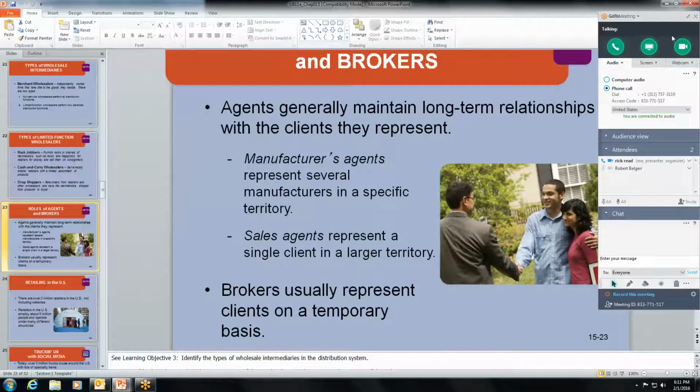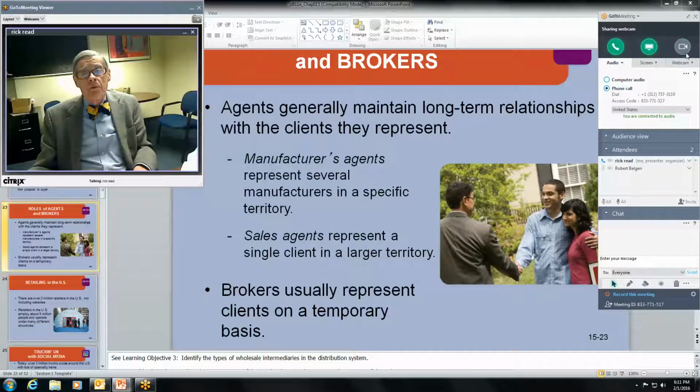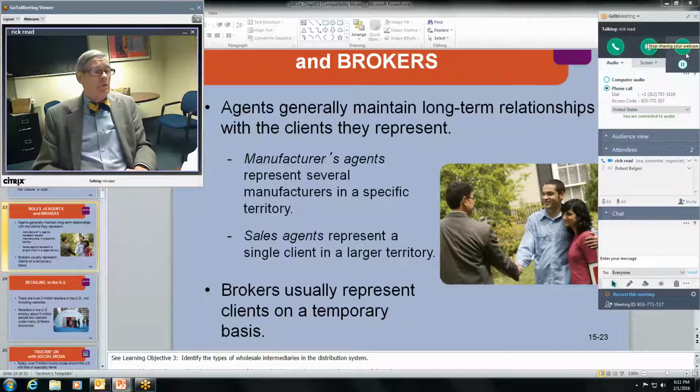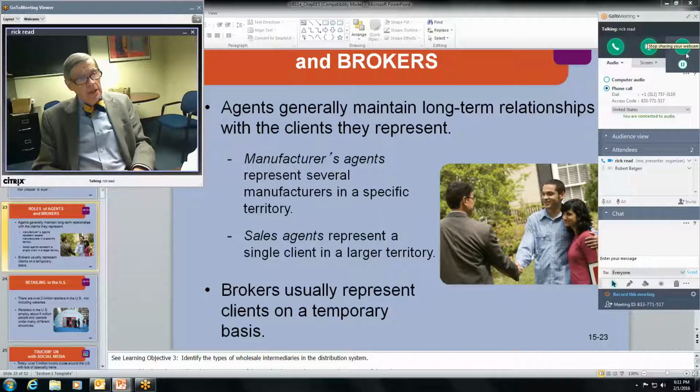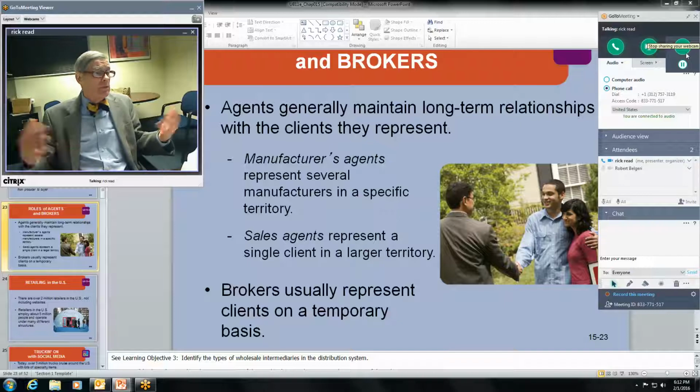Now, we talked about agents and brokers early on, but we'll talk about them a little bit more here. An agent usually has, as the slide says, a long-term relationship specifically with the clients that they represent. Could be with buyers as well.